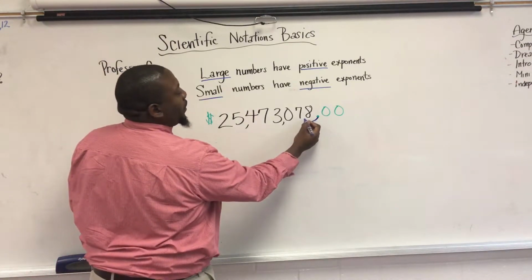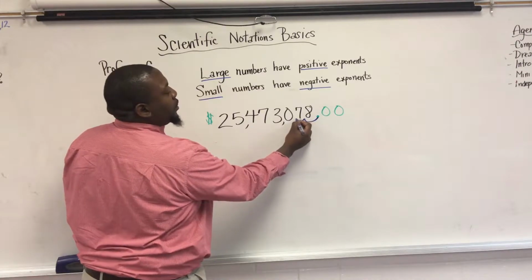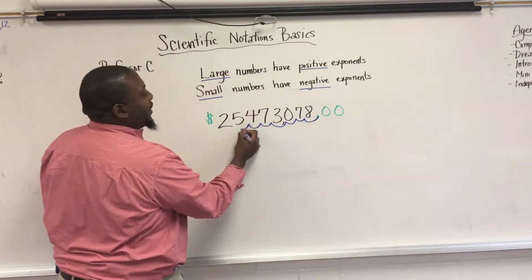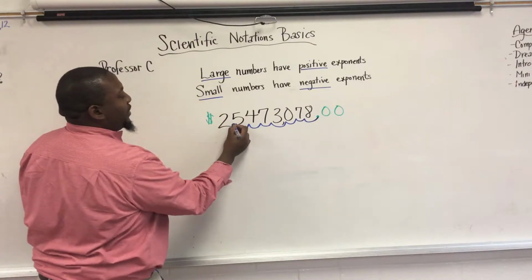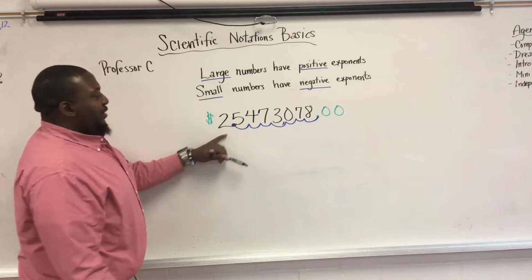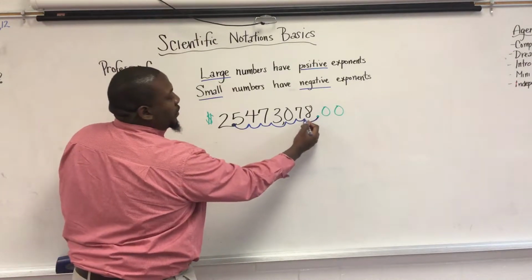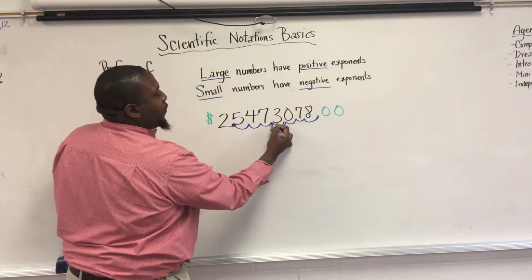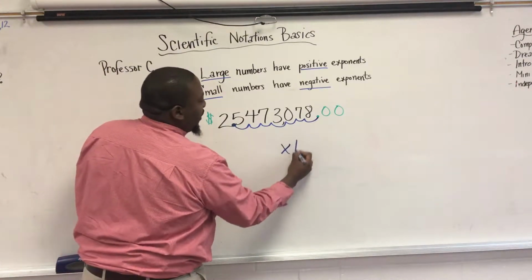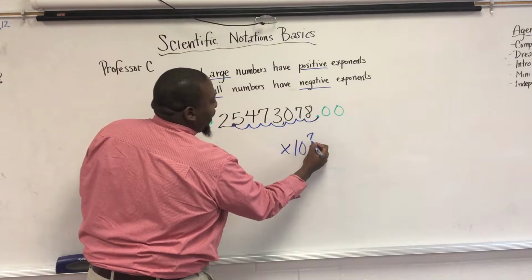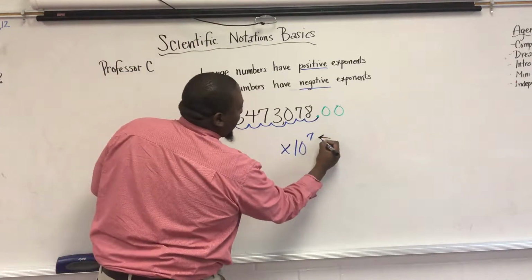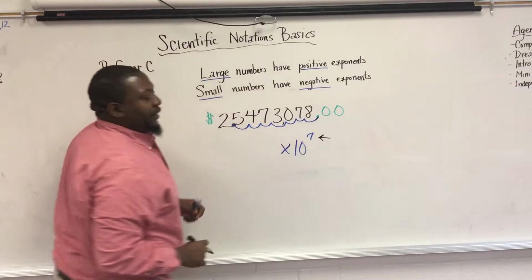So I moved it one place, 2, 3, 4, 5, 6, 7 places to make sure I have a number between 1 and 10. I moved it 7 places. That's why the exponent is 7.